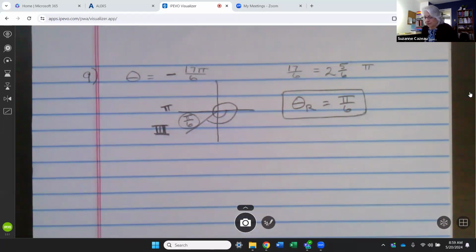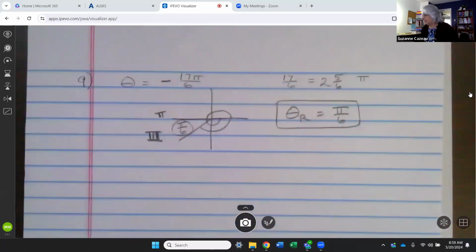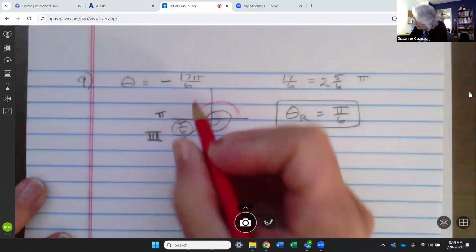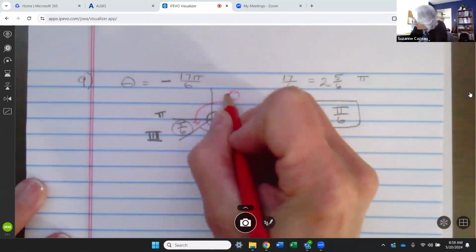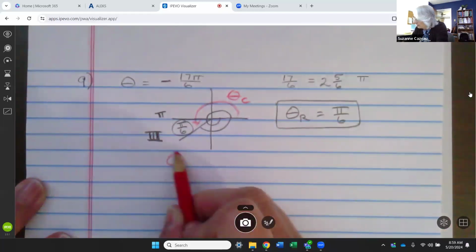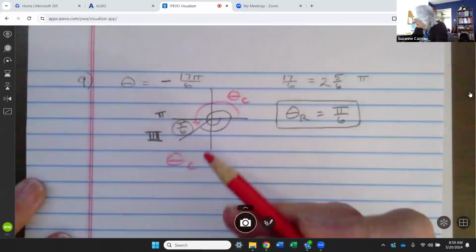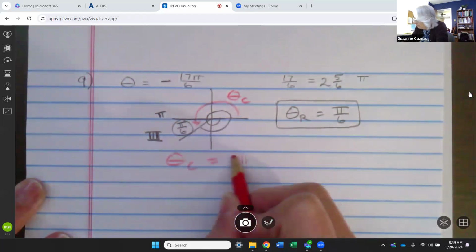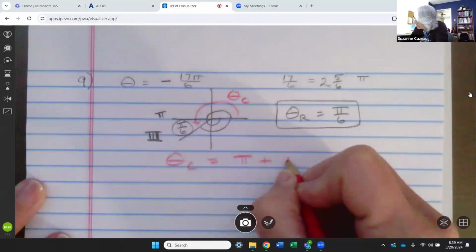All right, and they want this other stuff too. They want theta sub c. Well, if you want to find theta sub c, let me get some color here. From here to here is theta sub c. Okay, so theta sub c then is going to be pi plus pi over 6.